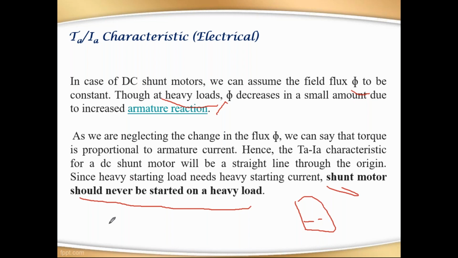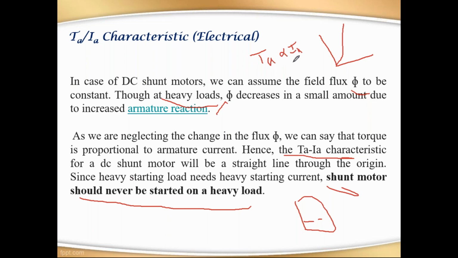Now let me see how the graph looks for these characteristics. We have already discussed that for the DC shunt motor, torque is directly proportional to the armature current. Now we can easily obtain that the graph is a straight line. The torque versus armature current characteristic of a DC shunt motor will be a straight line through the origin, because both are directly proportional.